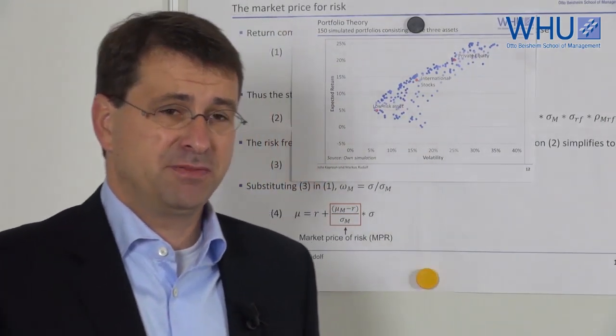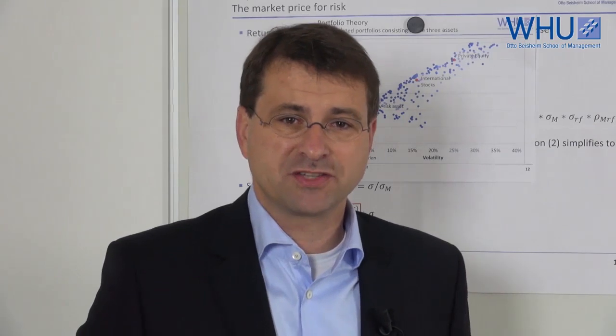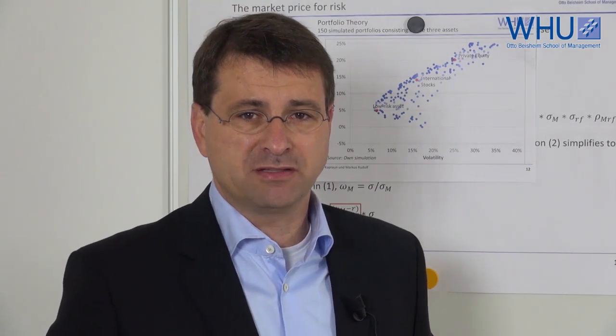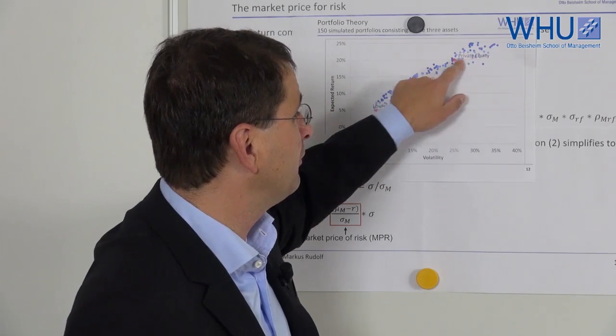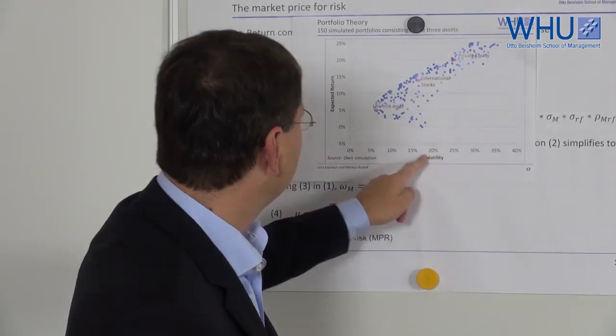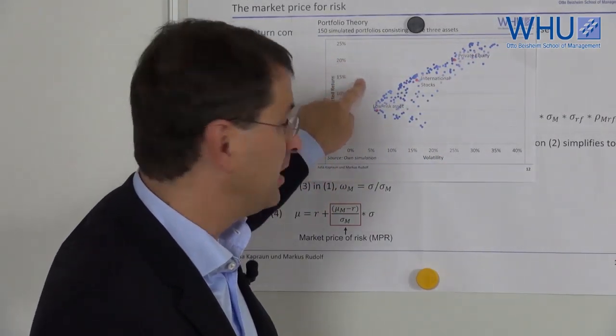Those are 150 blue dots that have been generated by a simulation strategy where we randomly selected the portfolio proportions of the assets and combined them with a random number generator. And the result is that we have 150 different volatility and expected return combinations.